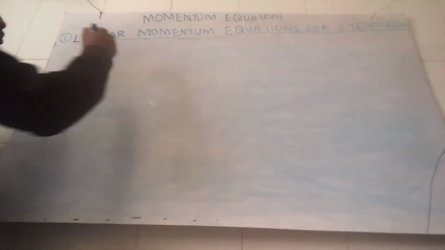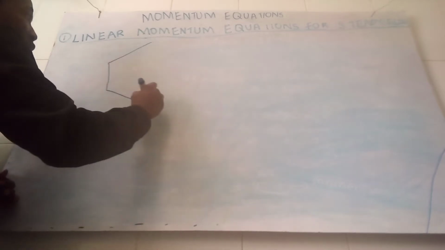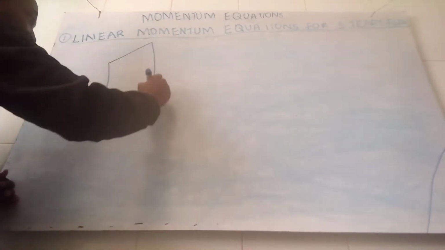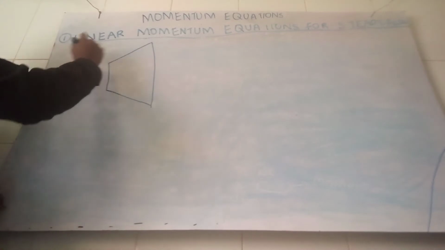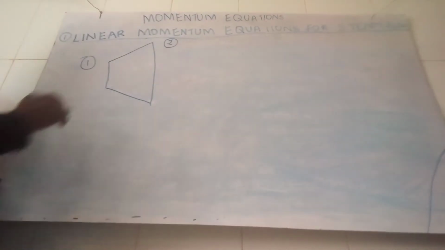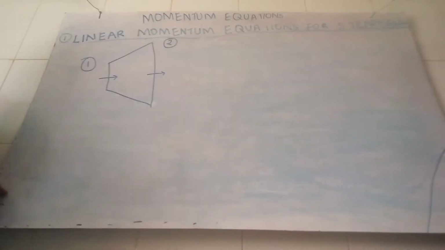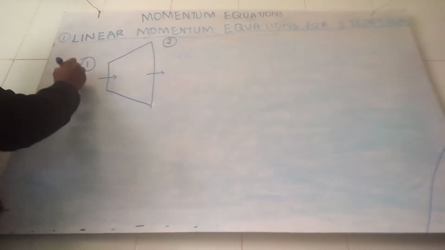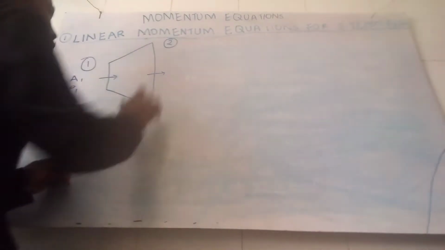To start, we are going to have a small sketch. This is my control volume. At this point is point 1, and at this point is my point 2. Our fluid is entering at point 1 and leaving through point 2. At point 1, area will be area 1, density rho 1, velocity v1.